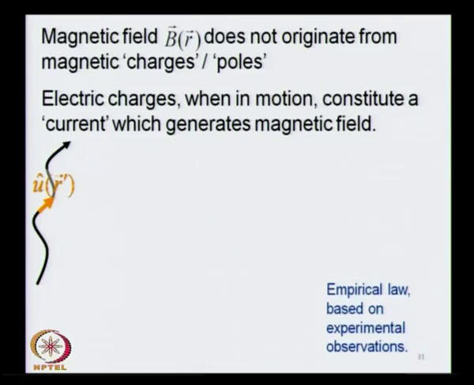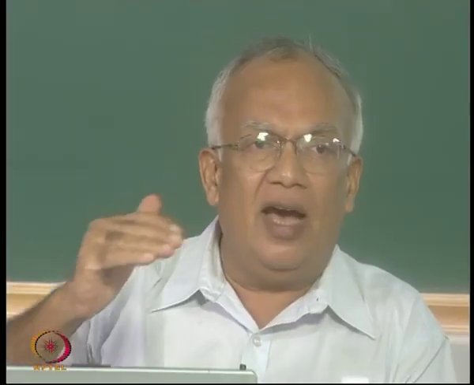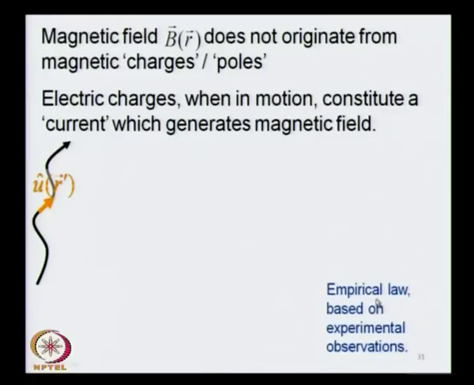And you think of this wire to be made up of infinitesimally tiny pieces, one after the other, placed in a series along which the charge moves, thereby generating the current through the wire. Now, the empirical law, an empirical law is one which is based on experimental observations.